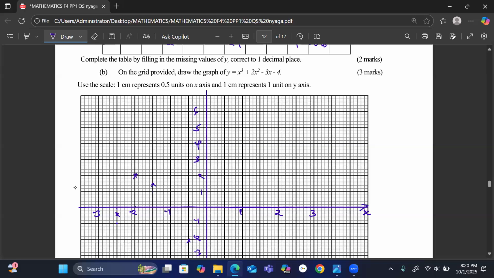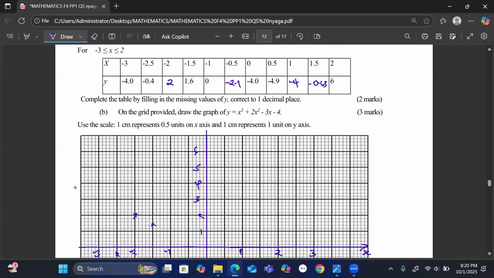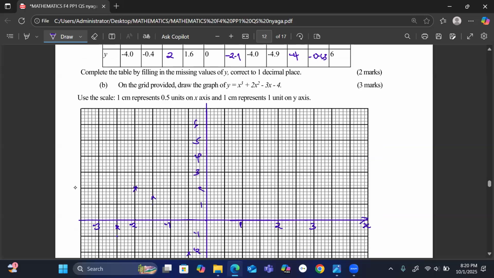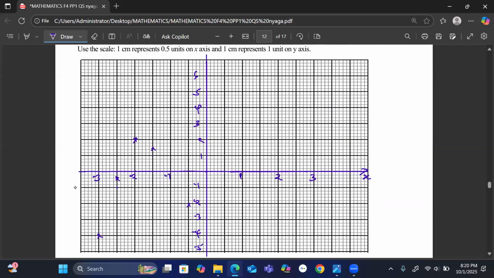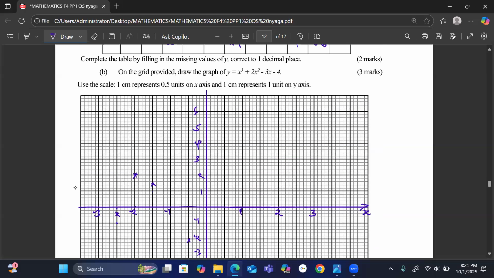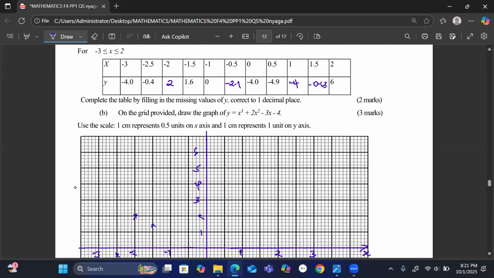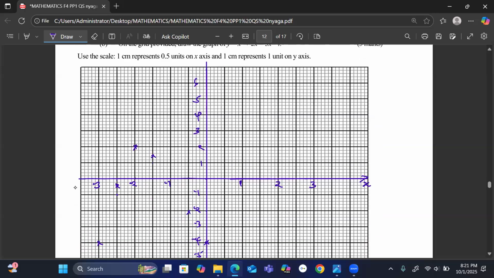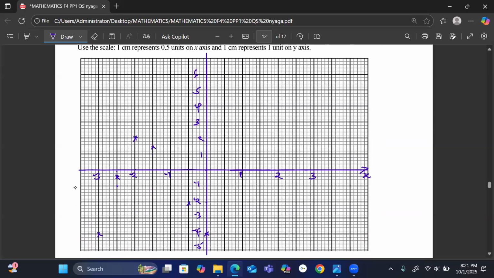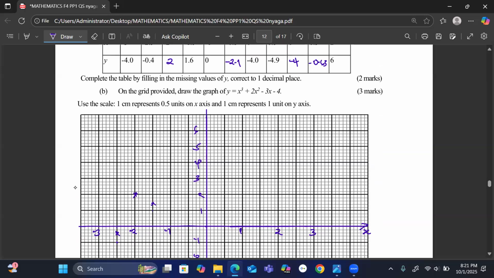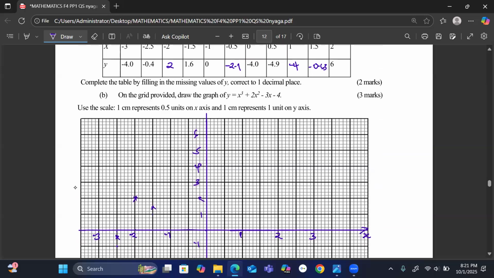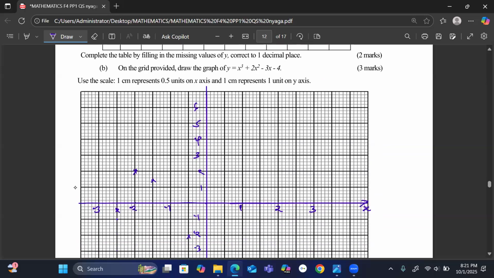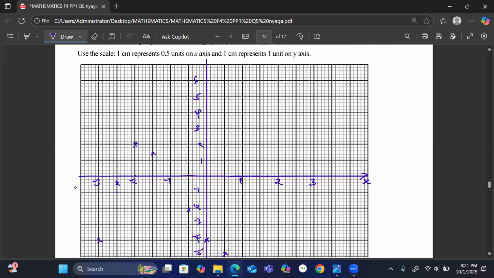Then we have 0, -4. Then we have 0.5, -4.9. Then we have 1, -4.